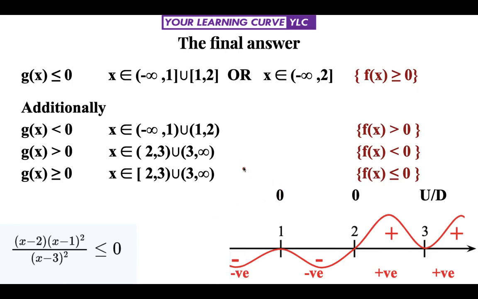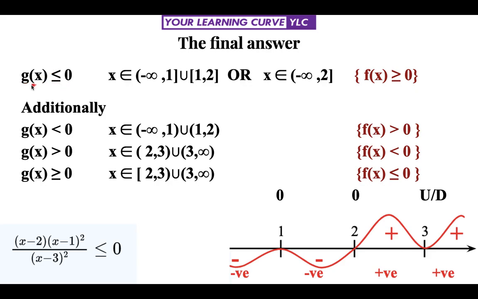So now let's analyze. In the previous slide I told you that we are predicting the sign of gx less than or equal to 0, but we need the answer for fx greater than or equal to 0. But this function is the same as this function, we proved it in previous slides.